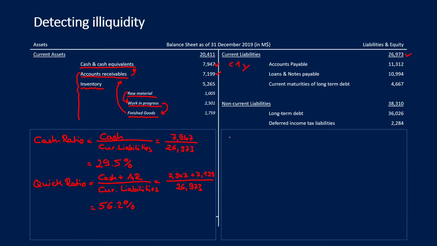Accordingly, the current ratio is defined as cash plus accounts receivables plus inventory divided by current liabilities.